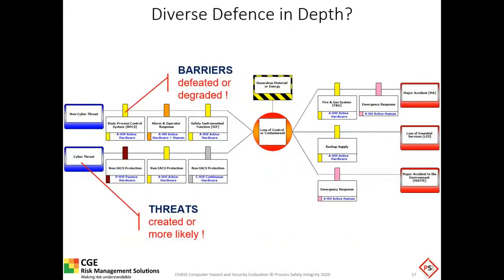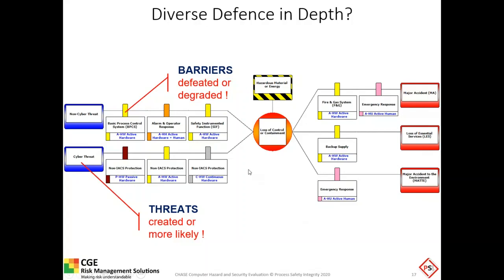So if we look forward to how that would appear on a process safety bow tie diagram, this is just a very simplified view. We've got hazardous material, we lose control, it could lead to harm to personnel through a major accident, commercial problems through production interruption, or damage to the environment.